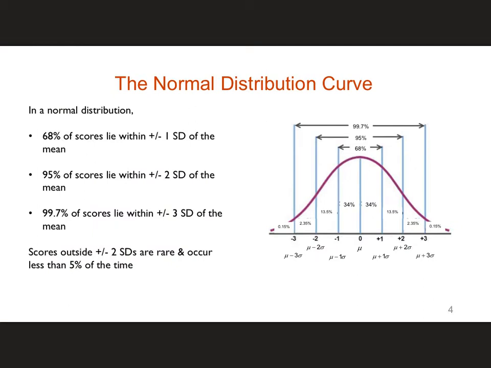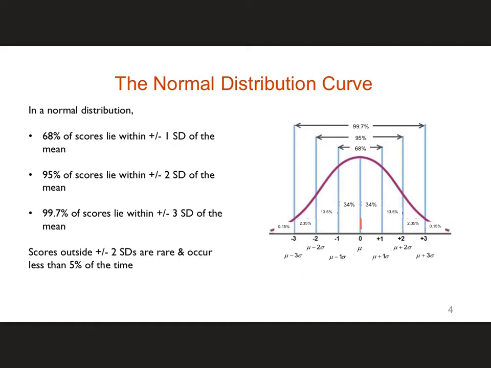Okay, another thing that we'll look at from the normal distribution curve are the percentages. So 68% means we are 1 standard deviation within the mean, or 68% of the scores lie within 1 standard deviation. So in this case, as I said earlier, the mean is located at the midpoint.